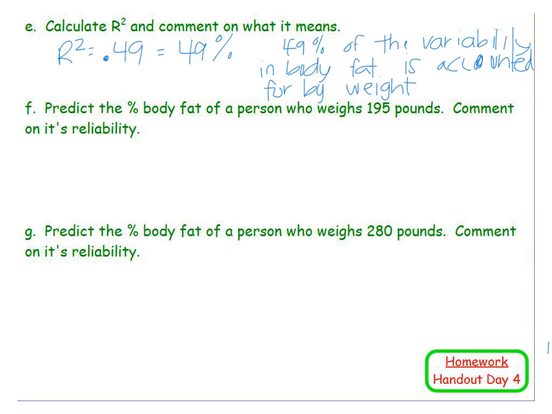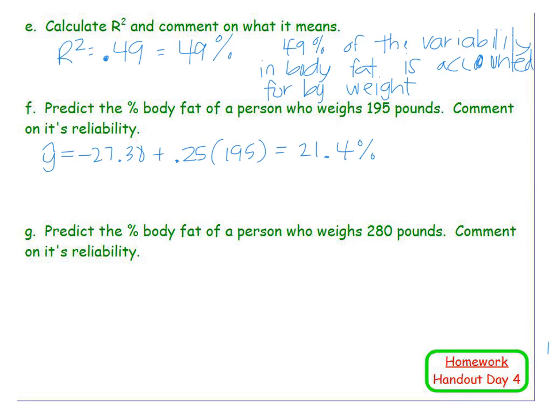So predict the body fat of a person who weighs 195. So our model was y hat equals negative 27.38 plus 0.25 times 195. And if you plug that in the calculator, you should get 21.4%.